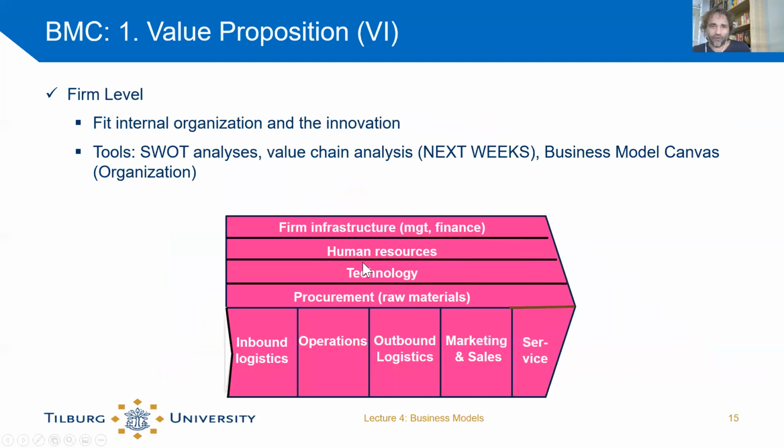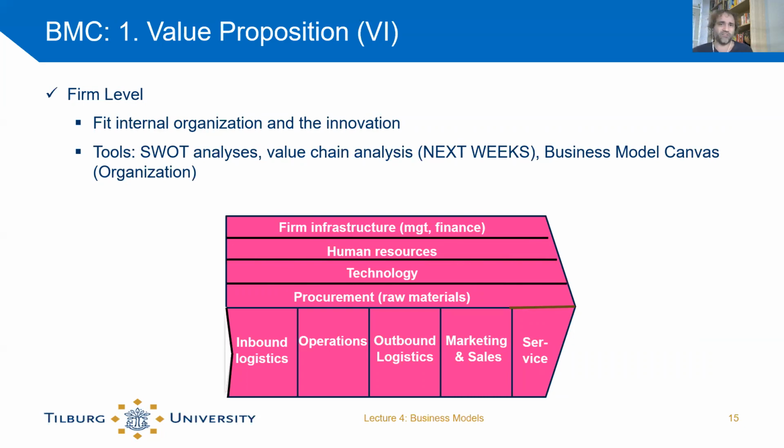And then finally, at the firm level, the value proposition links the internal organization to the innovation. In terms of the firm level, the value proposition links the innovation to the rest of the organization.